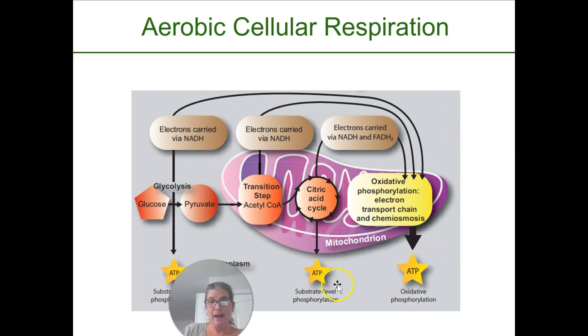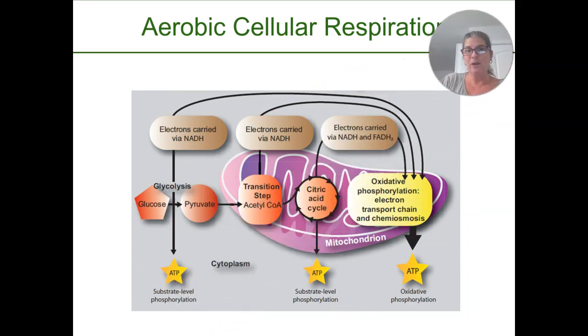Now, if we have aerobic metabolism, if we have oxygen available, then this pyruvate will simply go on to my next step, which is the transition step. Now, if we look at this overview, the transition step, pyruvate comes in. It's starting with pyruvate, but what's leaving is this thing called acetyl-CoA.